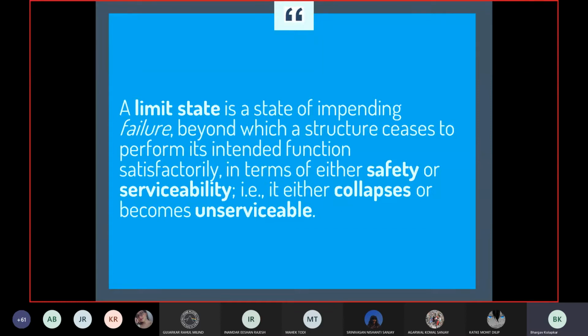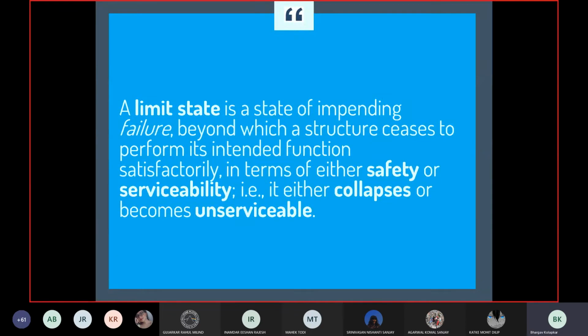A limit state of serviceability might be that, because of some reason, your touch is not responding properly. So you don't have to replace the phone altogether. You might just have some nominal repairs and then your phone is good to use.